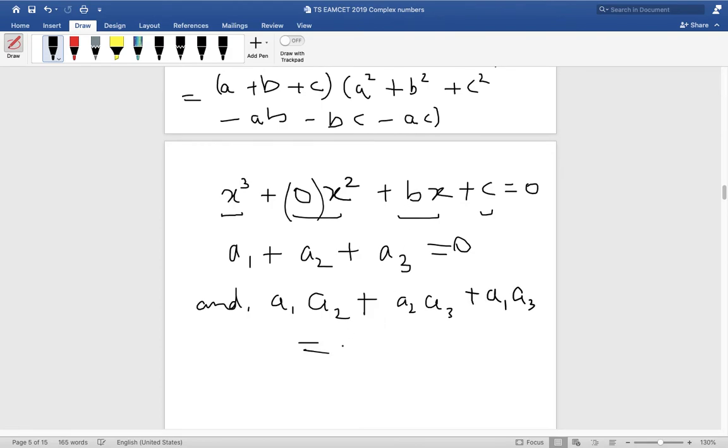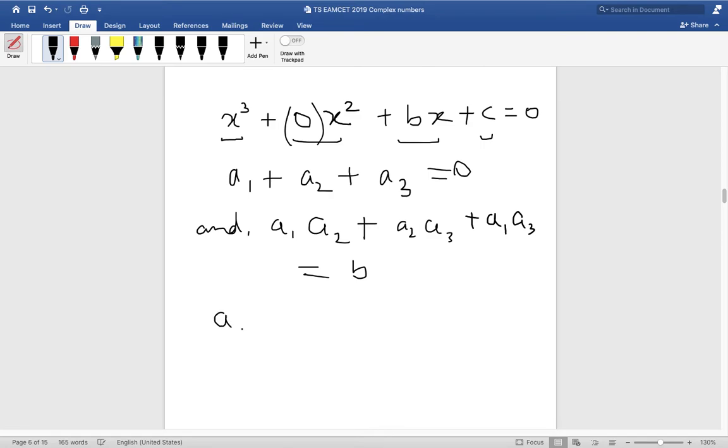C here is b, a here is 1, so this will be b, and product of the roots a1 a2 a3 is minus d by a. D here is c, so minus c. So we will have these three, and this is 0, this is equal to b, this is minus c.